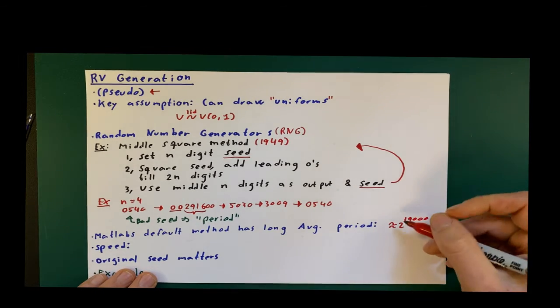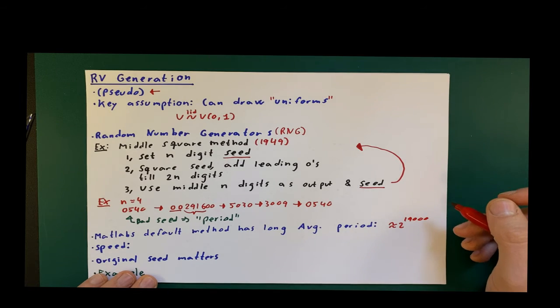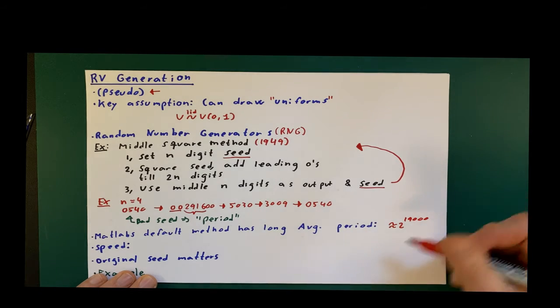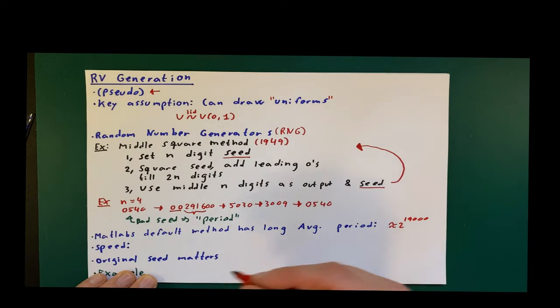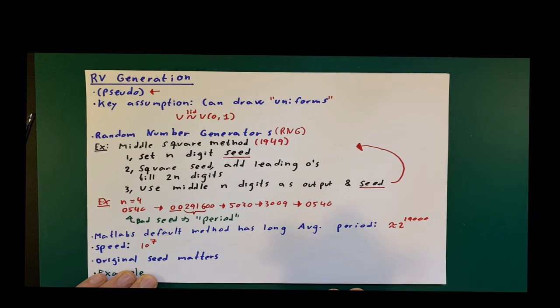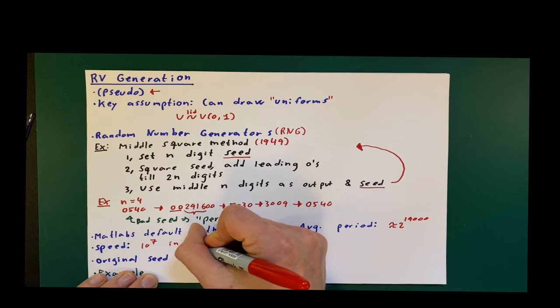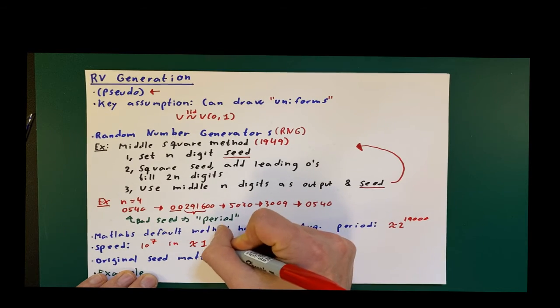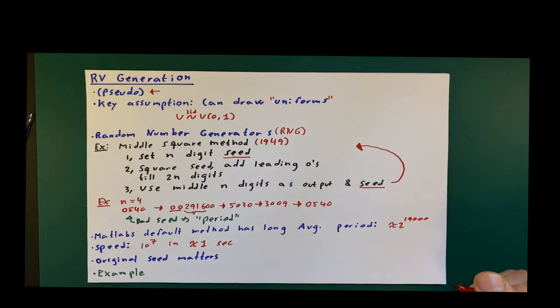Right? So it's just a huge number, right? And the default method, which is not this middle square one, is also going to be pretty fast, right? So I get something like 10 to the 7, that's 10 million uniforms in about 1 second. And that's on a pretty old computer, right?